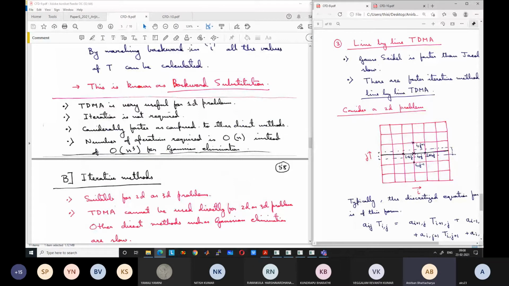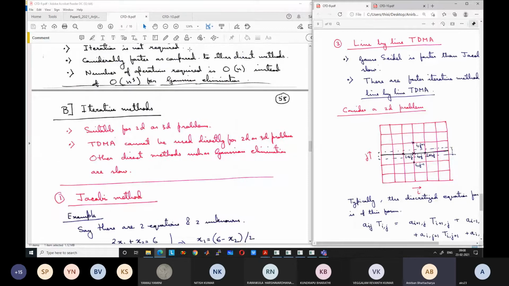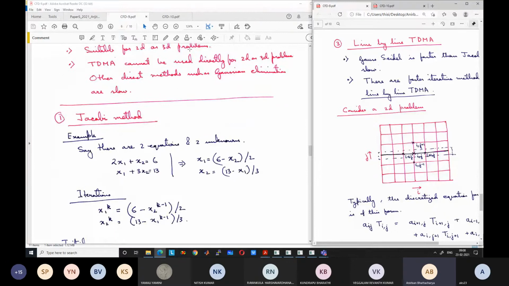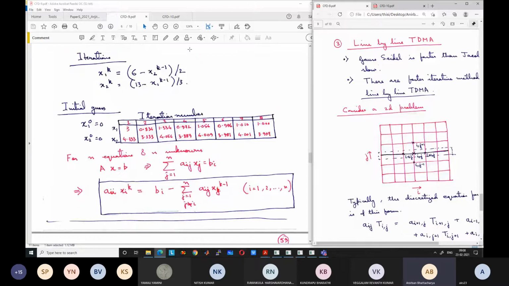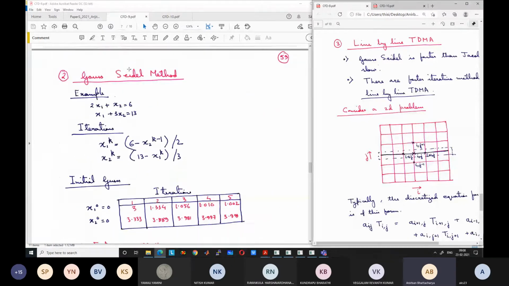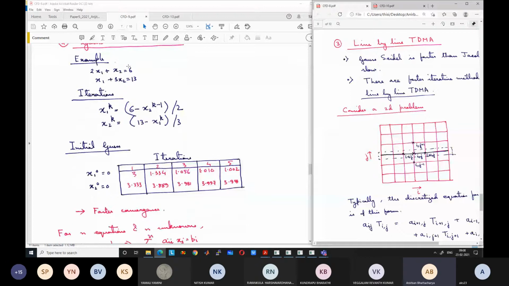Then we have seen a couple of iterative methods, the Jacobi method and the Gauss-Seidel method. Both are somewhat similar, like one is the extension of the other, and we have seen how to solve problems for that. And what is convergence and how fast the convergence occurs.